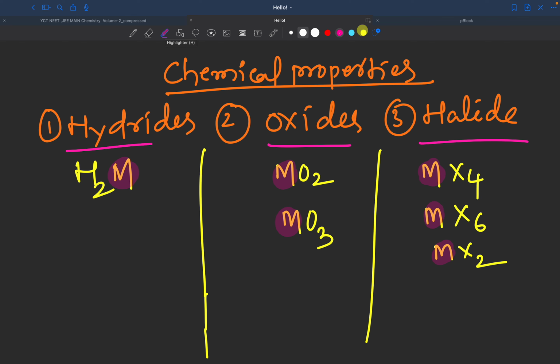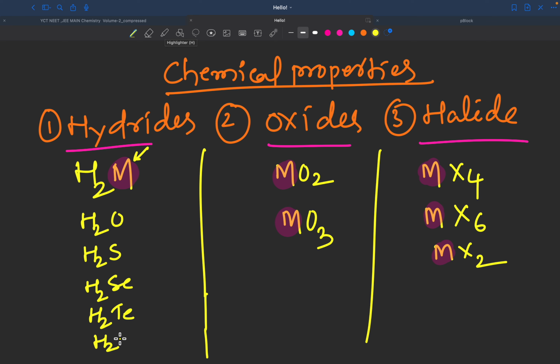For example, if I replace it by oxygen, I get H2O. If I replace it by sulfur, I get hydrogen sulfide, then hydrogen selenide, hydrogen telluride, hydrogen polonide. So these are the hydrides of the 16th group elements.